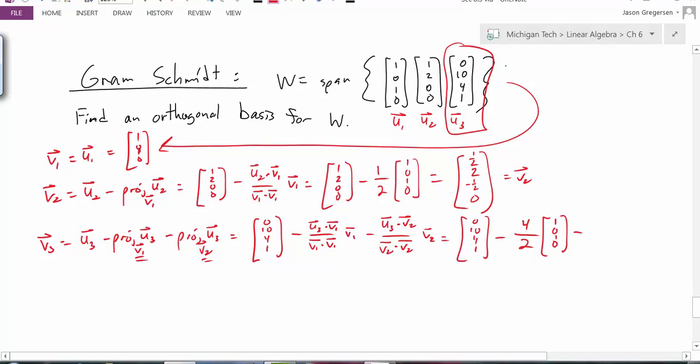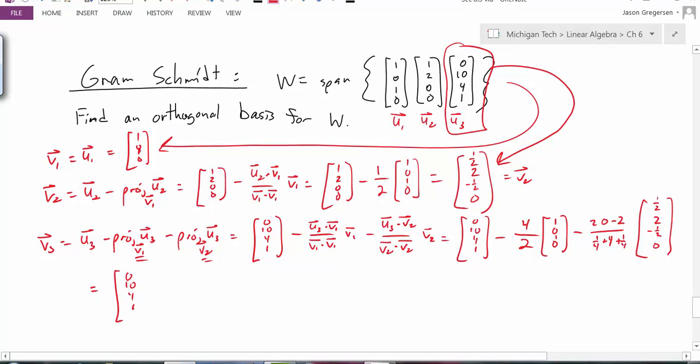So u3 dot v2 should give me 0 plus 20 minus 2 plus 0, all over v2 dot v2, which should be 1/4 plus 4 plus 1/4 times the vector v2, which is 1/2, 2, negative 1/2, and 0. All right, starting to look a little ugly. Once again, we'll just go through these calculations.